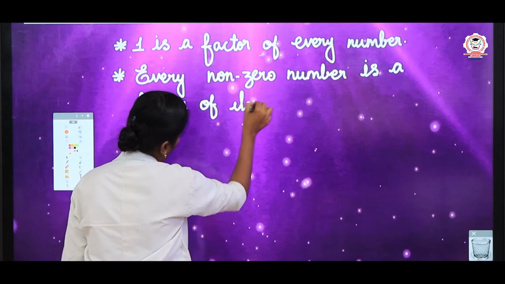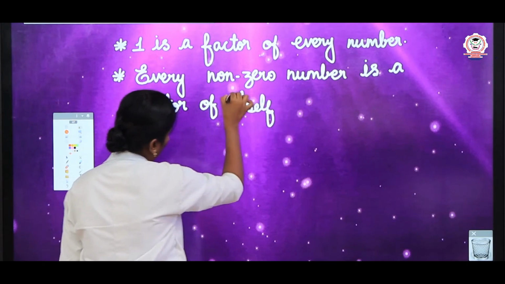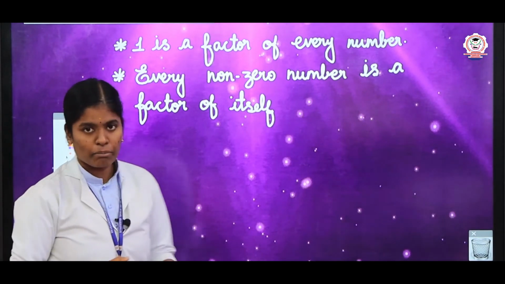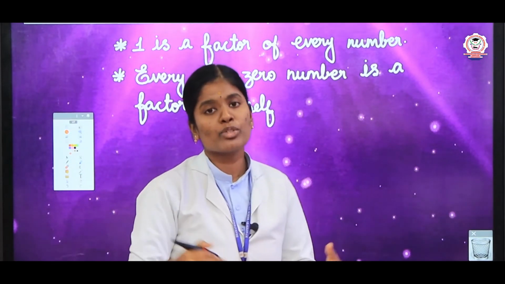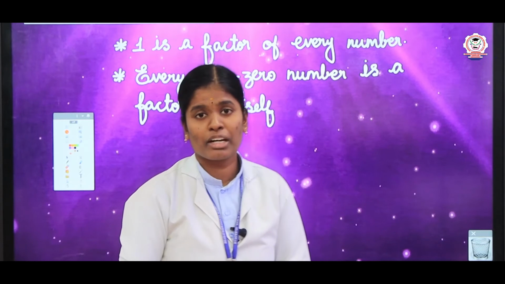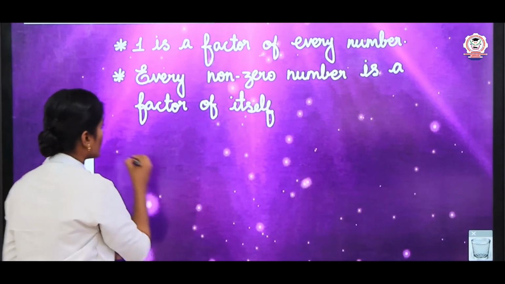The third property is every factor of a number is less than or equal to the number.